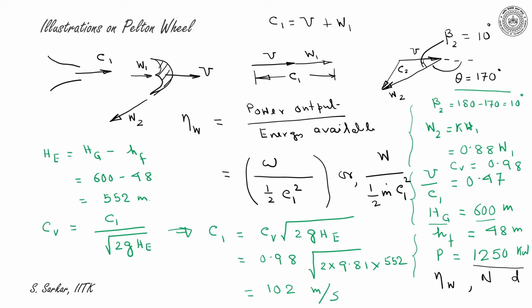Thus, what I have done here is drawn the velocity triangle or the velocity diagram, both at inlet and exit. I have defined eta W, then evaluated the available head HE, and from the available head and CV I have calculated C1. Now let me proceed.